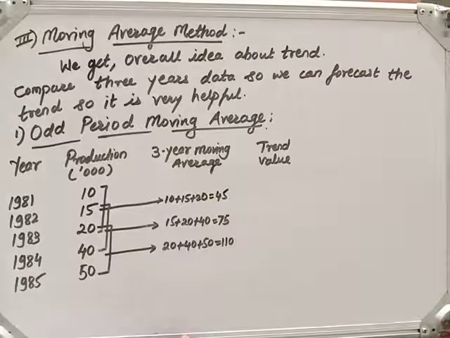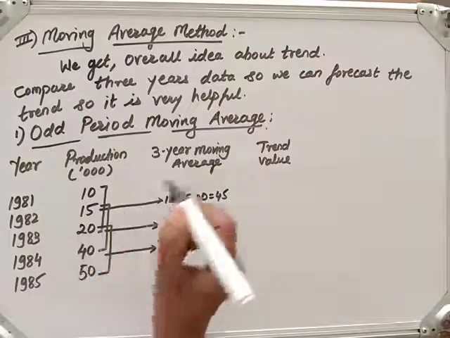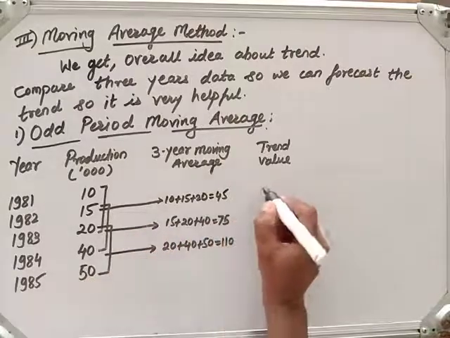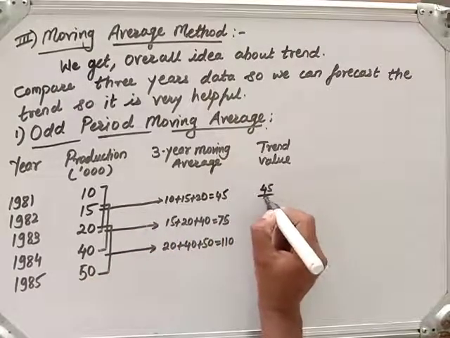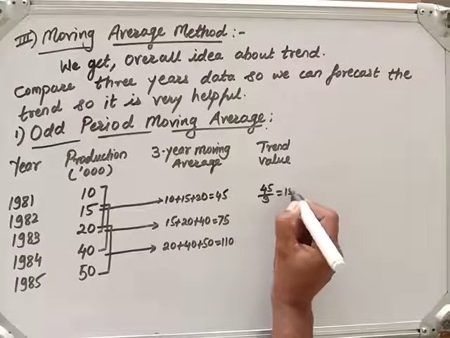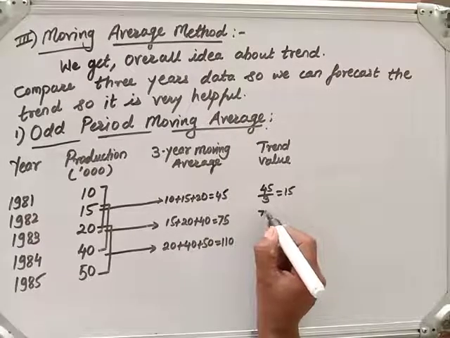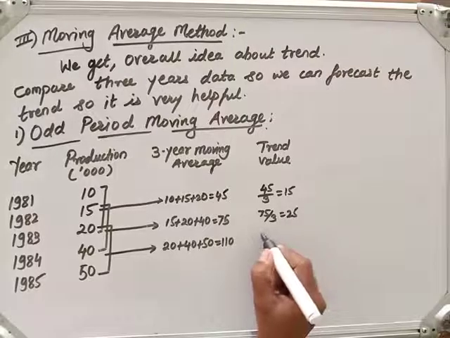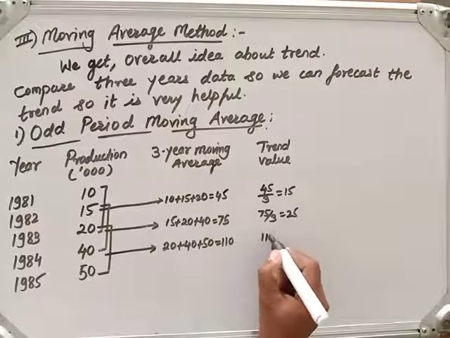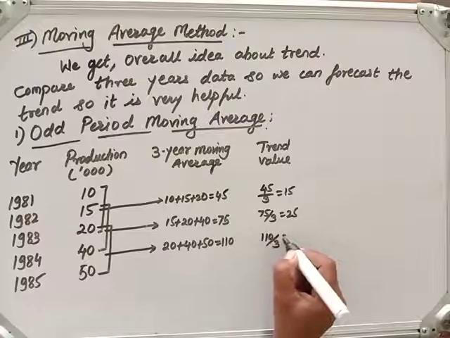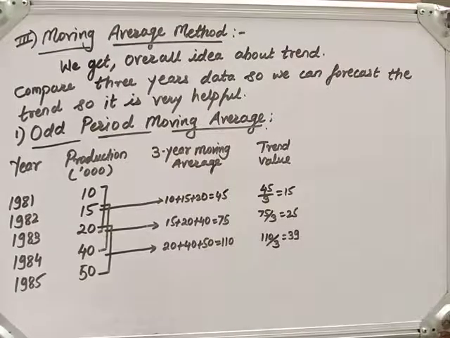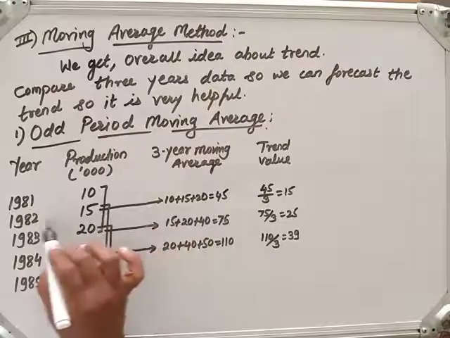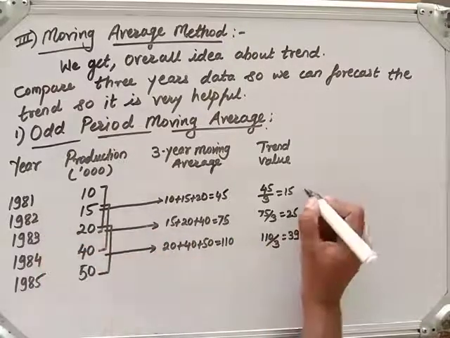Now for the trend value, we have taken 3 years, right? So here divide by 3. 45 by 3 is 15. 75 by 3 is 25. And 110 divided by 3 is approximately 39. Now in the first three, what is the middle year? 1982.